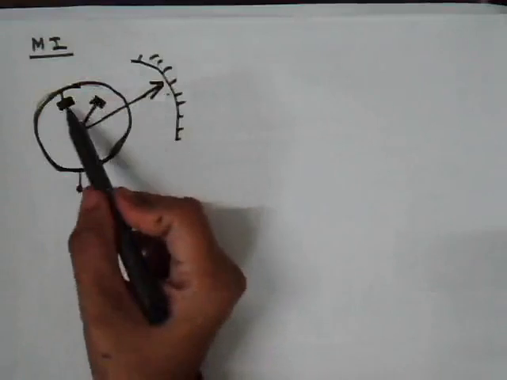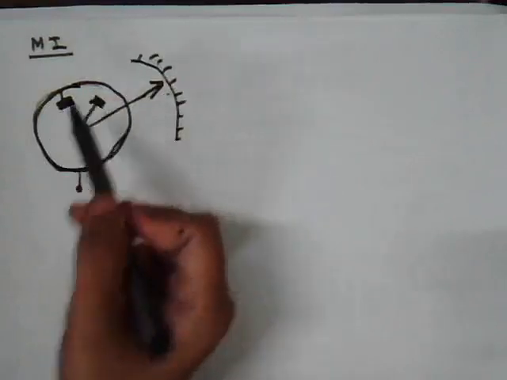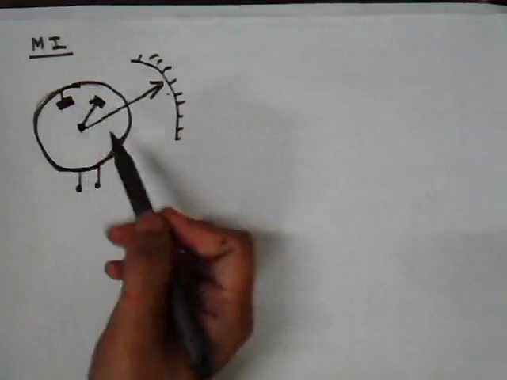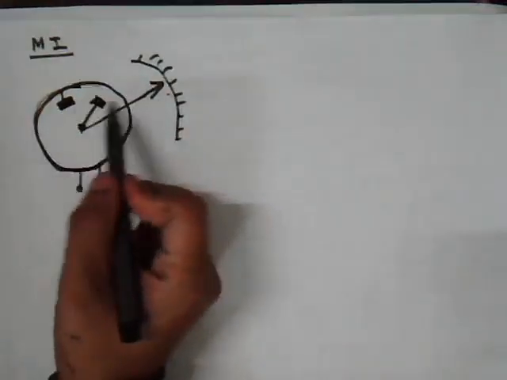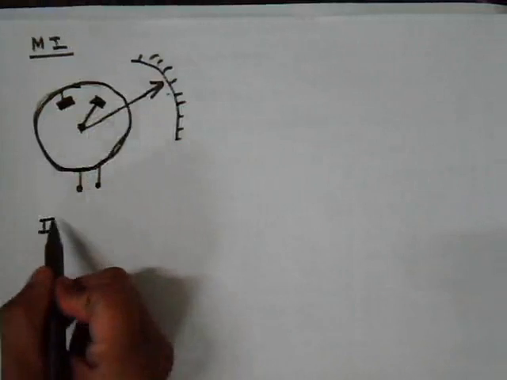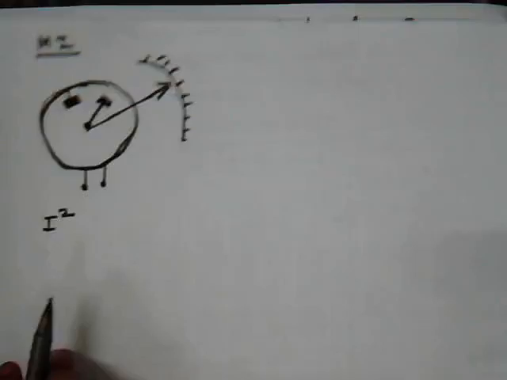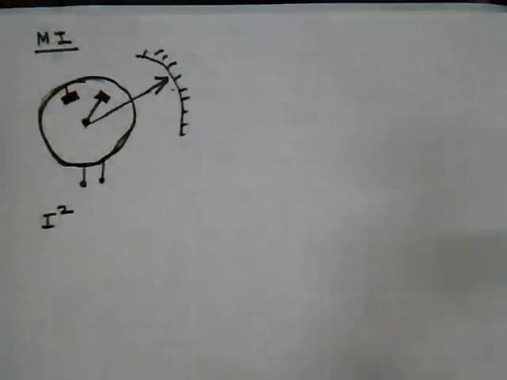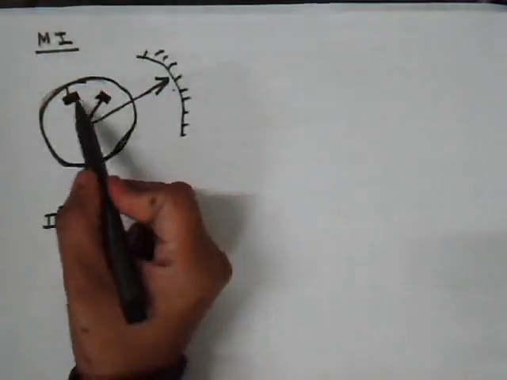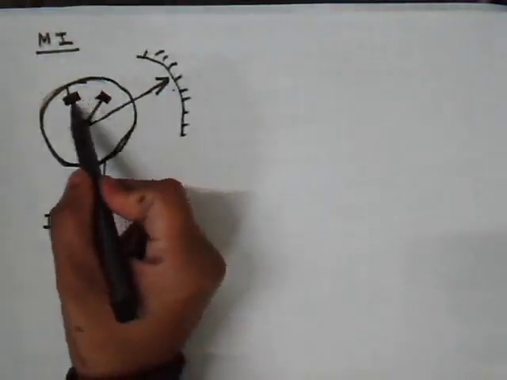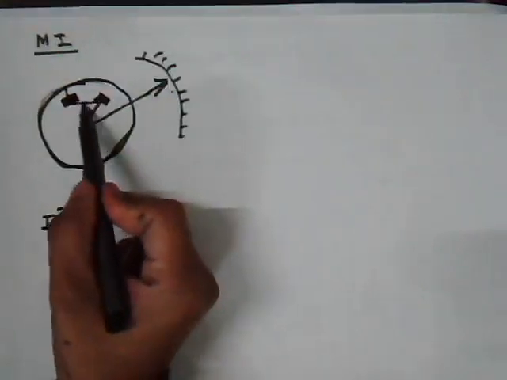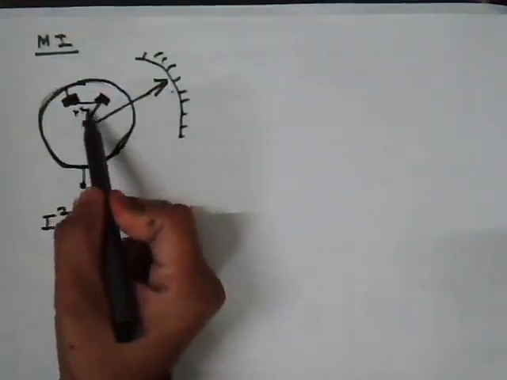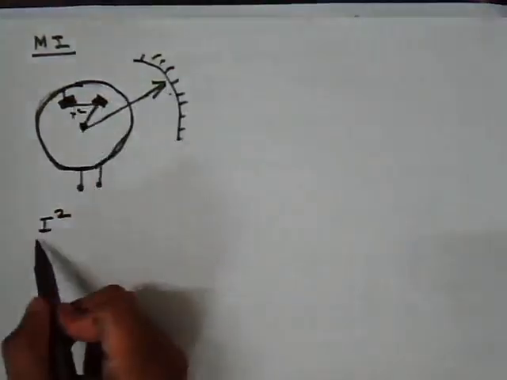So both of them get magnetized in proportion to the magnetization current, and therefore we said the repulsion force between them is proportional to I square. What I didn't mention or consider is that this is not only proportional to I square or the strength of magnetization, but this is also inversely proportional to the distance between these two bars.